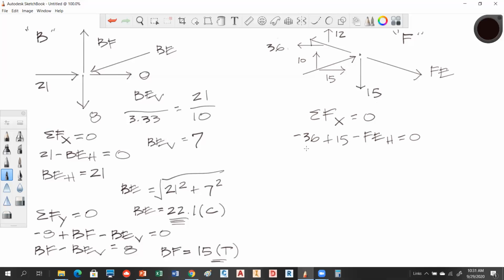I'm sorry, let's see, is that right? Oh, what did I do wrong here? Anybody see what I did wrong in my equation? I've got a mistake in here. Negative 36 is correct, right? Positive 15 is correct, right?